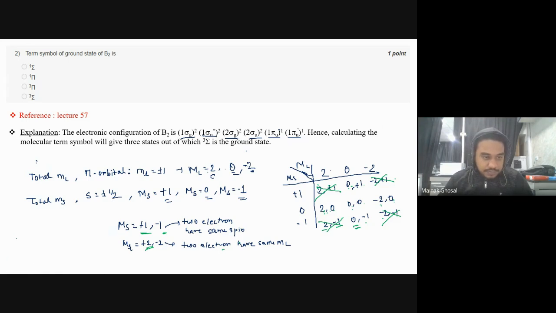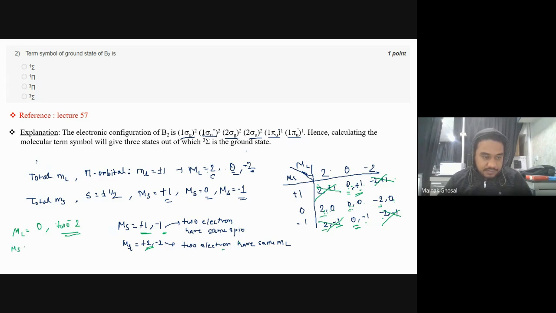So possible ml values are 0, these 3 with 0, and 2 and minus 2, twos. You can see here these 3 have 0 ml and here minus 2 ml. Here you see these two will have the same spin.